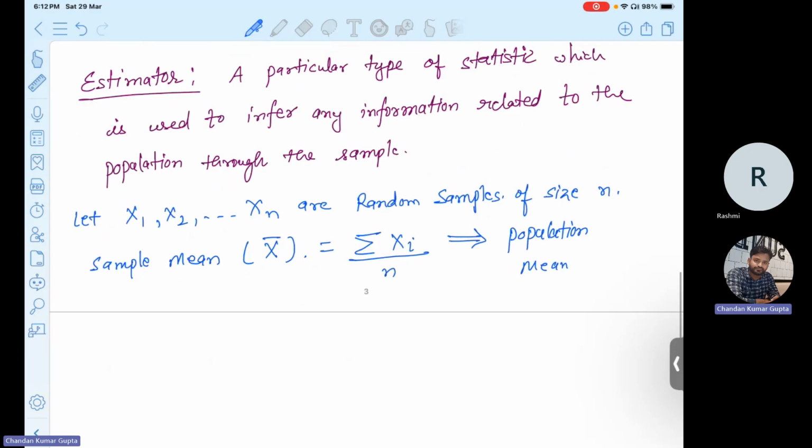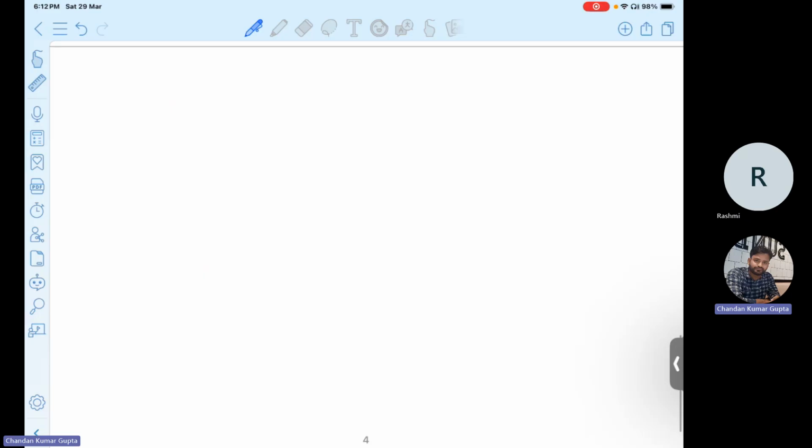Okay, so now we have point estimation and interval estimation.